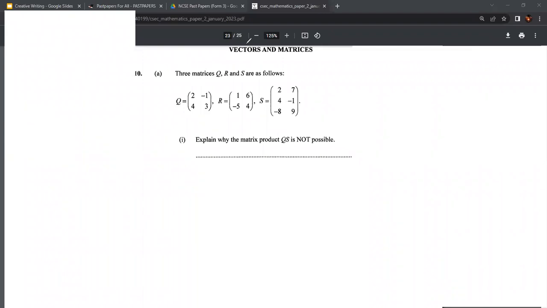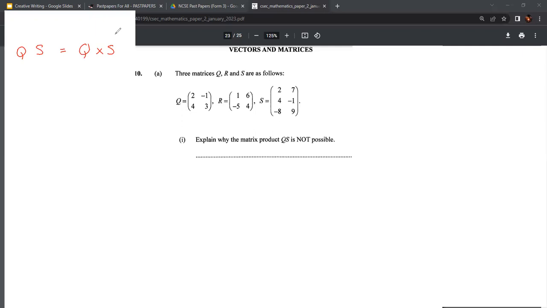It says, explain why the matrix product QS is not possible. Now, QS actually means Q multiplied by S. Now, we already know that not all matrices can be multiplied, right?